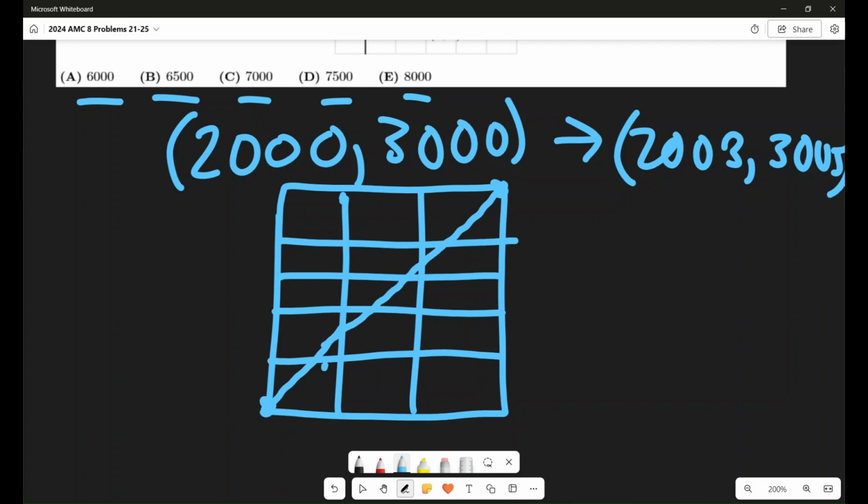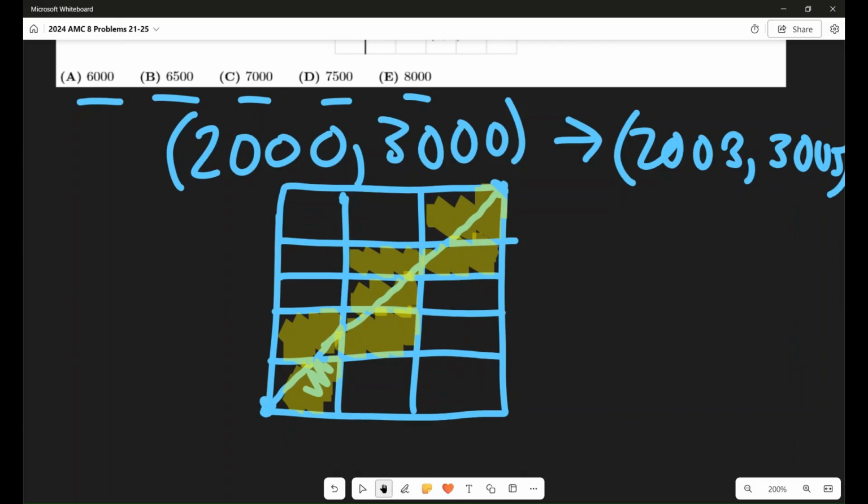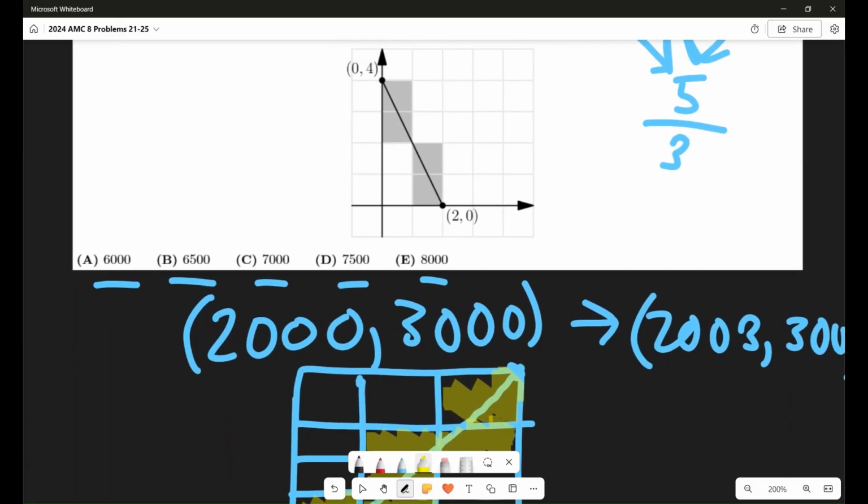And this goes through, so that's 1, 2, 3, 4, 5, 6, 7. So we go through 7 squares, and then, as we said earlier, we just multiply that by 1,000 to get our answer of C, 7,000.